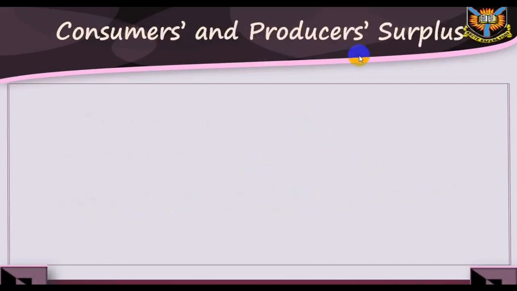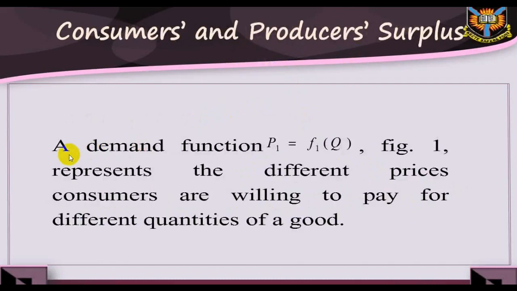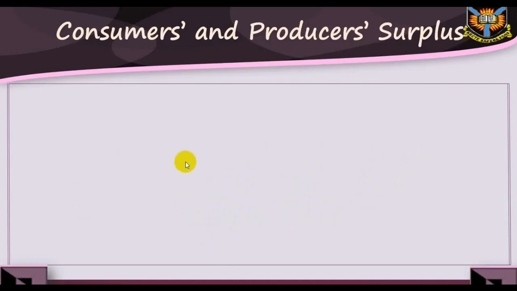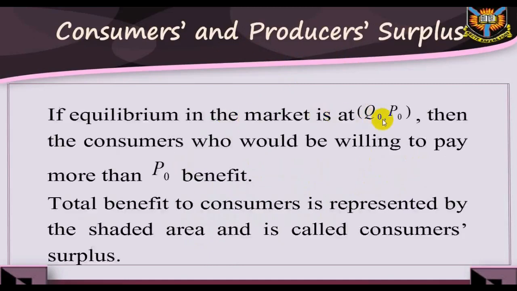Consumers' and producers' surplus. A demand function P1 equals F1 of X. Figure 1 represents the different prices consumers are willing to pay for different quantities of a good. If the equilibrium in the market is at Q0, P0, then the consumers who would be willing to pay more than P0 benefit. The total benefit to consumers is represented by the shaded area and is called consumer surplus.